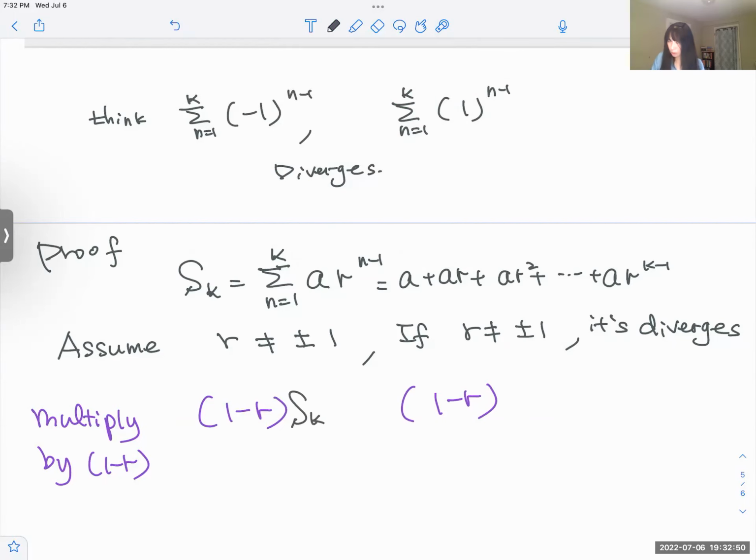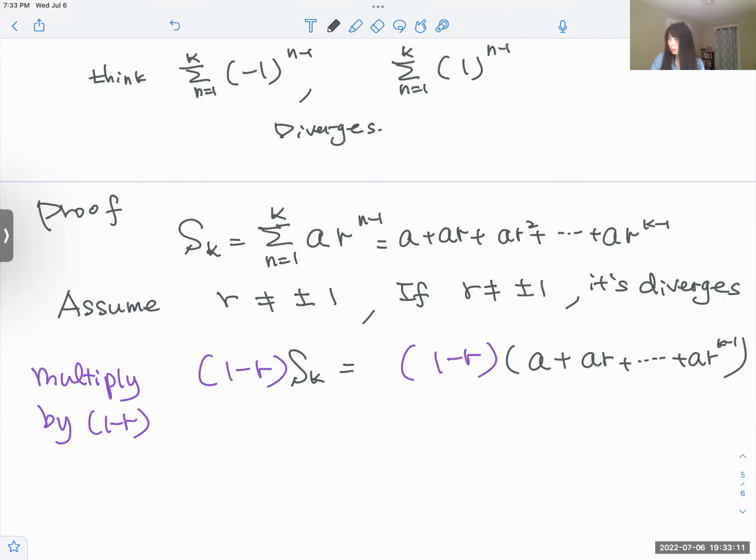It's S_k equal to a plus ar plus until ar to the k minus 1. Okay, now look, a is the factor.